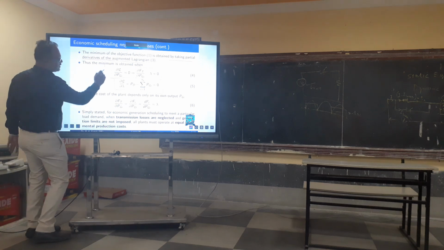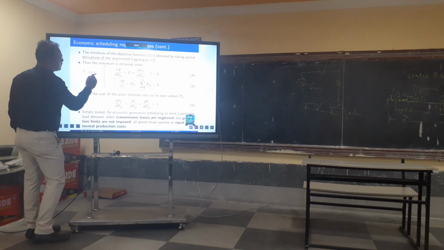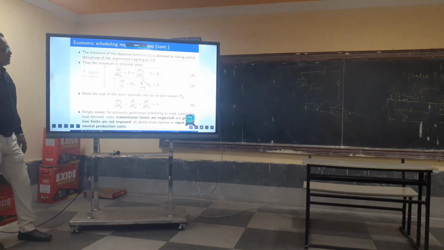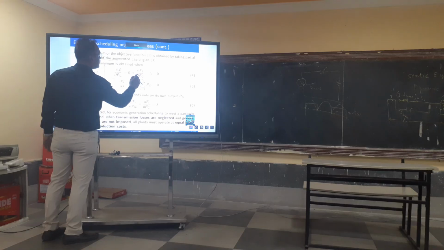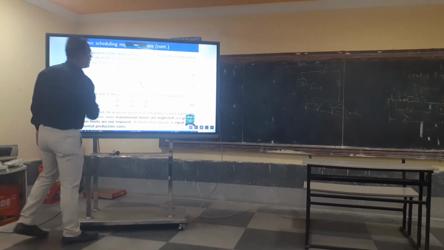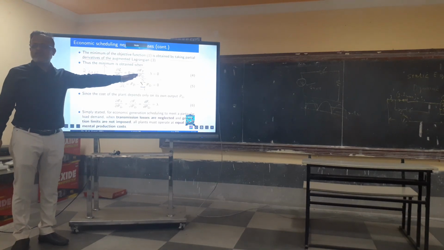So we get two equations, and our objective is to know Pgi and lambda. This is not exactly two equations you can say, because we have several equations, one set of equations.